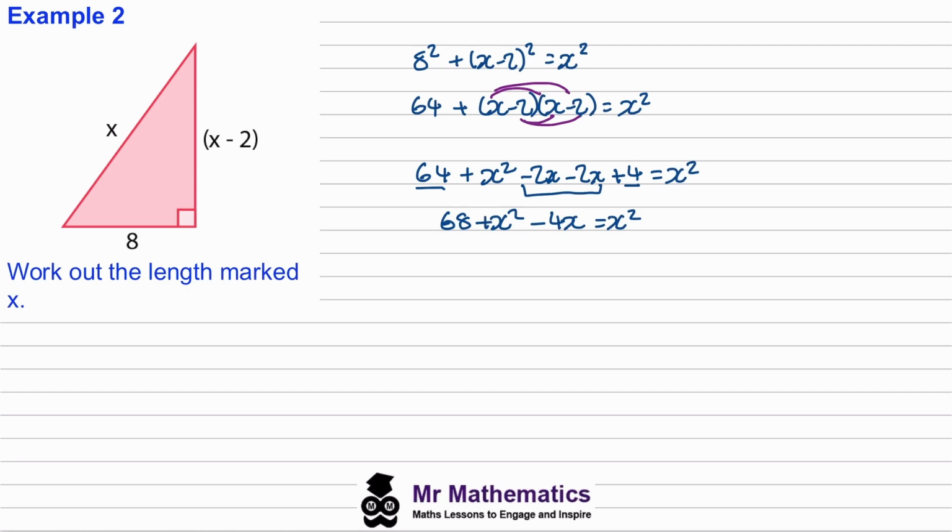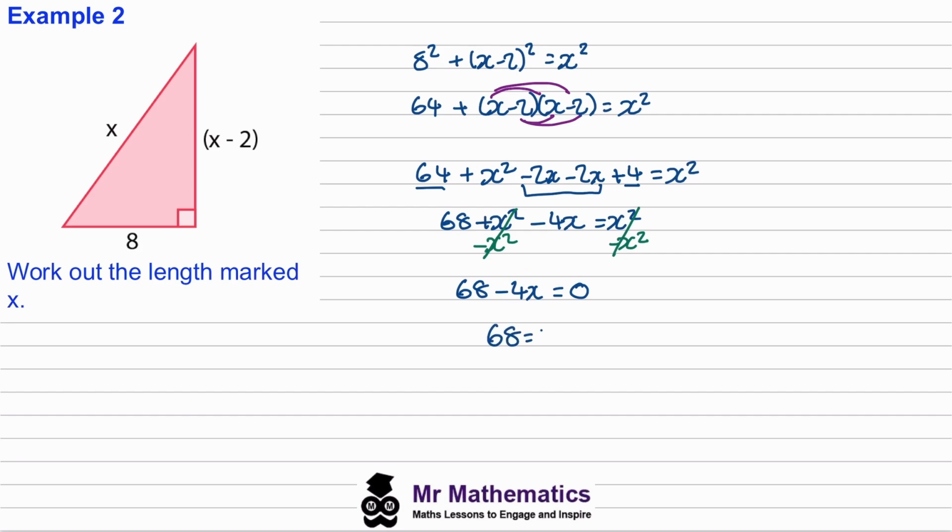What do you think we need to do now? Well, we can simplify this further by taking away x squared from both sides. And these will cancel to make 0. So we get 68 minus the 4x will equal 0. And then we can move a negative 4x to the right-hand side.